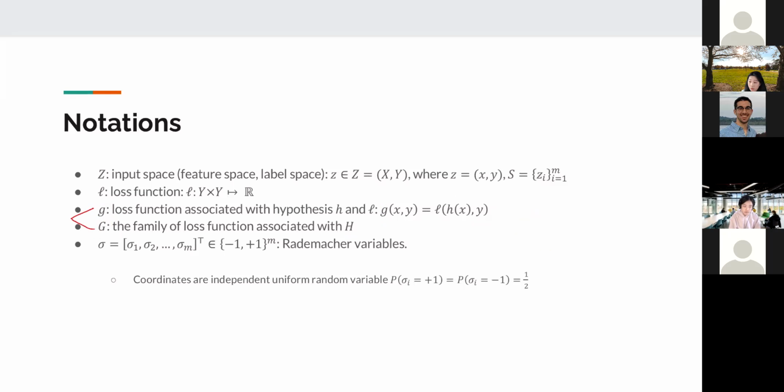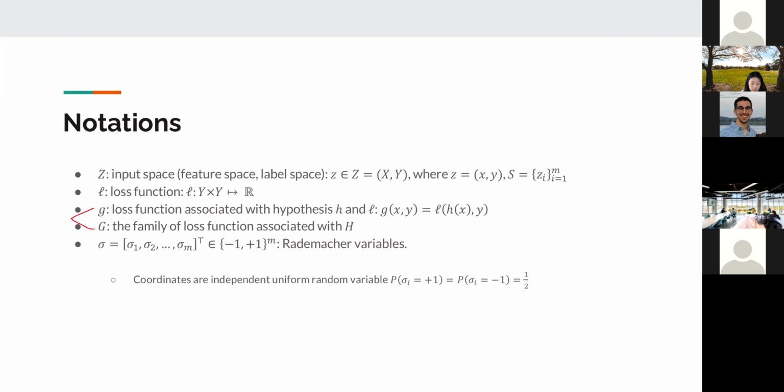So the Rademacher variable. You can put them as a column vector, sigma, and the sigma has independent, identically distributed coordinates.